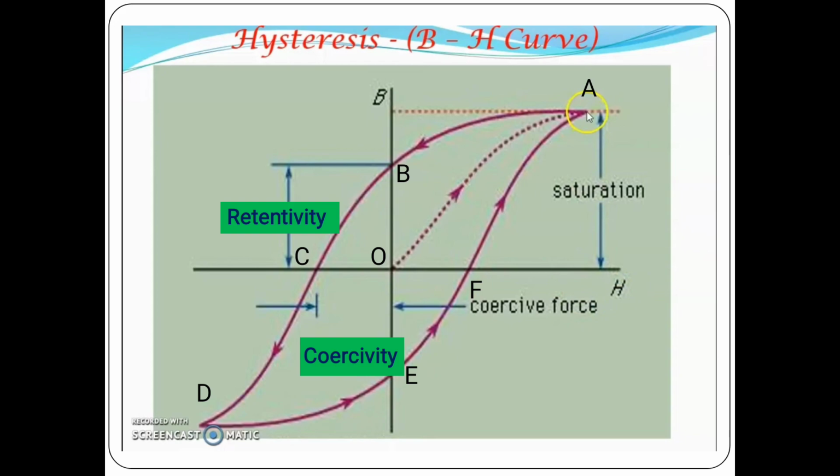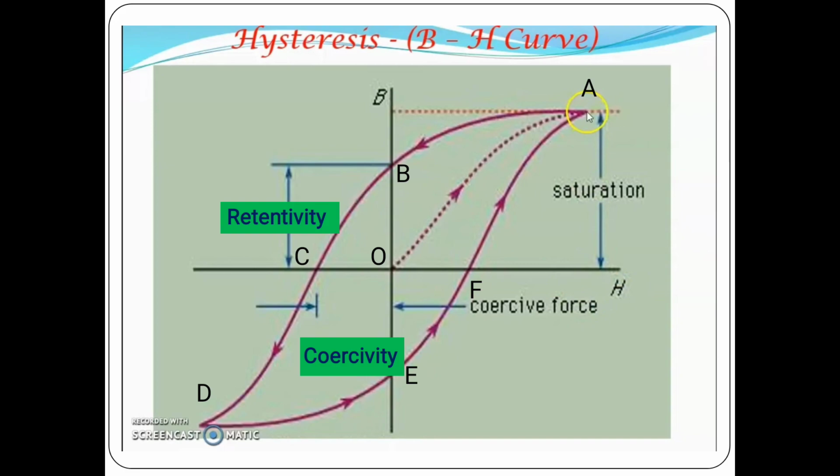Initially, when we apply the magnetic field, the intensity of magnetization also increases in the region OA, from O to A. At a certain point it reaches the saturation value, at point A. Above it, the material cannot be further magnetized. That point is called the saturation point.